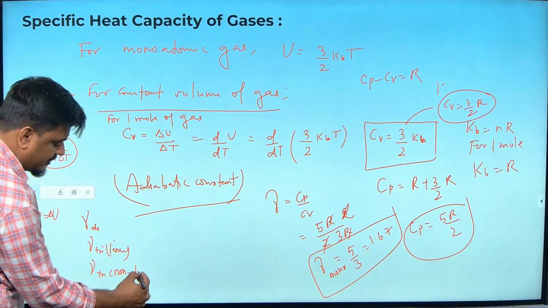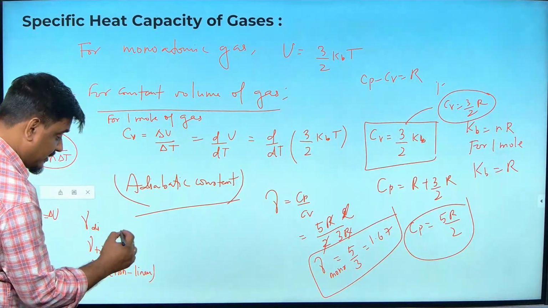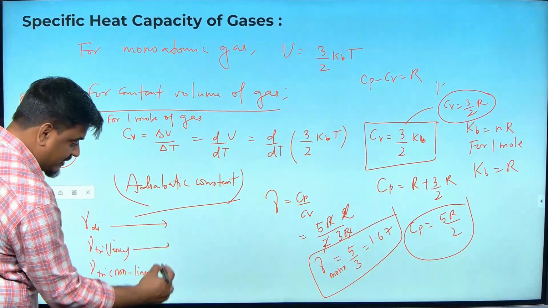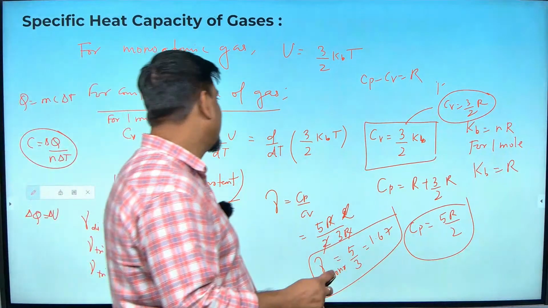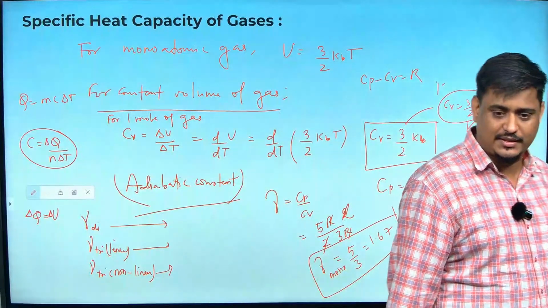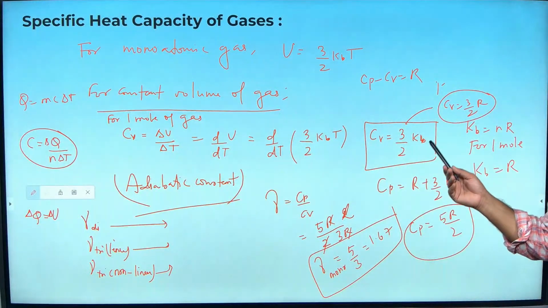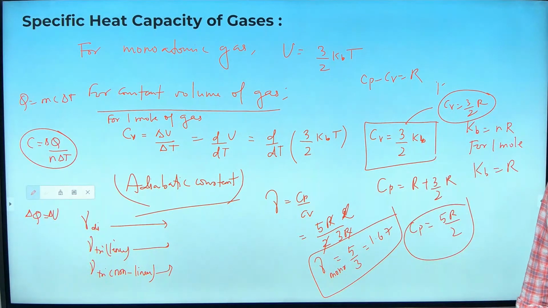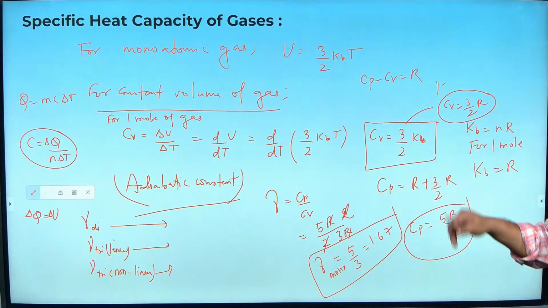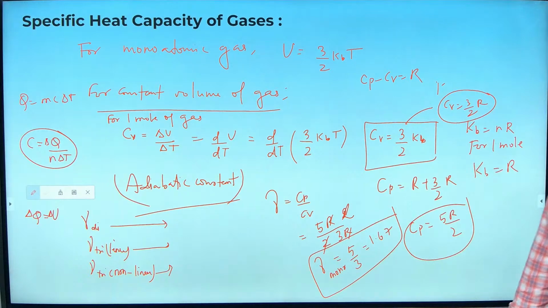Diatomic is 2, sir. It's in my mind, sir. Don't trust your mind. Do it. Is it coming 2? Anybody has tried? For diatomic, it will become 5 by 2 R, and here it will be 7 by 2 R. So it will be 7 by 5, right?